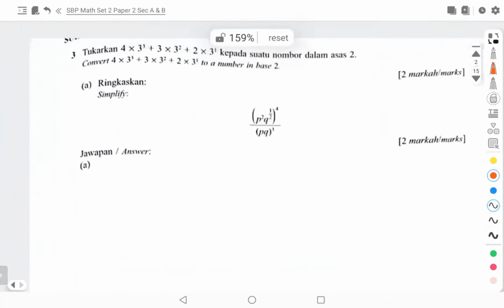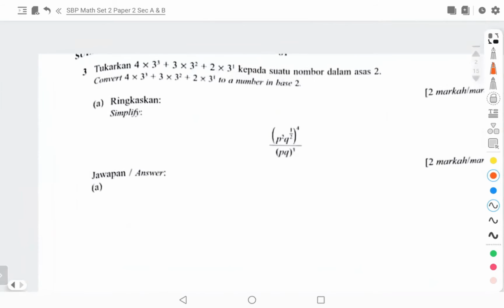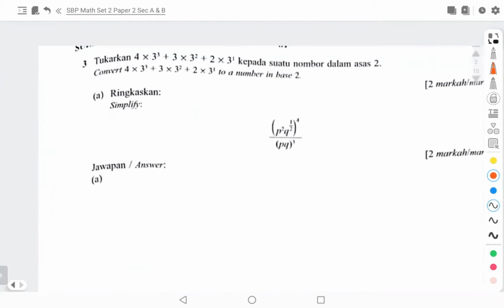Number bases. You can see, right? So convert 4 times 3 power 3 plus 3. If you look at this equation, there's no small number at the bottom, right? So it means all these numbers are in base 10.